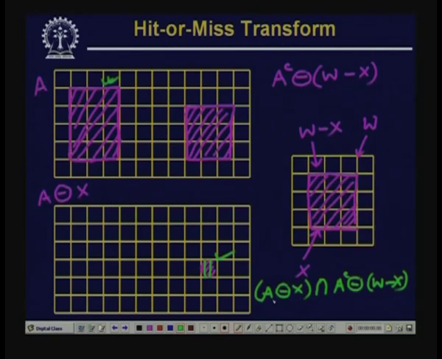So, this operation, A eroded with X intersection A complement eroded with W minus X, is what is known as the hit or miss transform, and this transform is used to locate an object of a given shape and size within a given image.